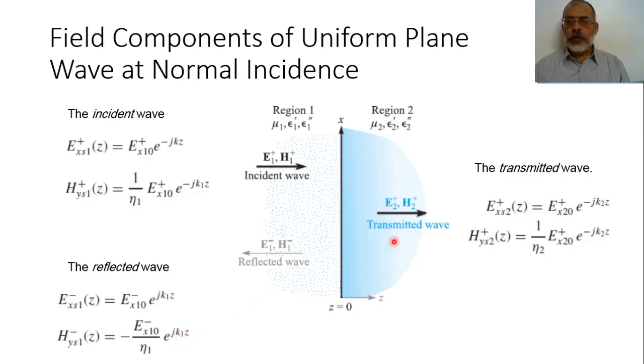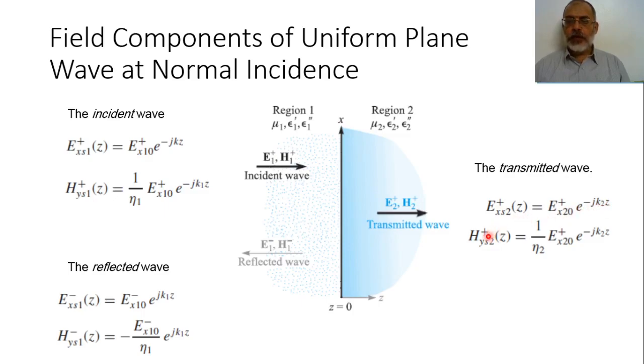On the other hand, the phasor of the transmitted electric field Exs would be Ex20+ multiplied by the forward propagating wave in the second medium. So it would be e to the power minus j k2 z, where k2 is the complex propagation constant in the second medium.